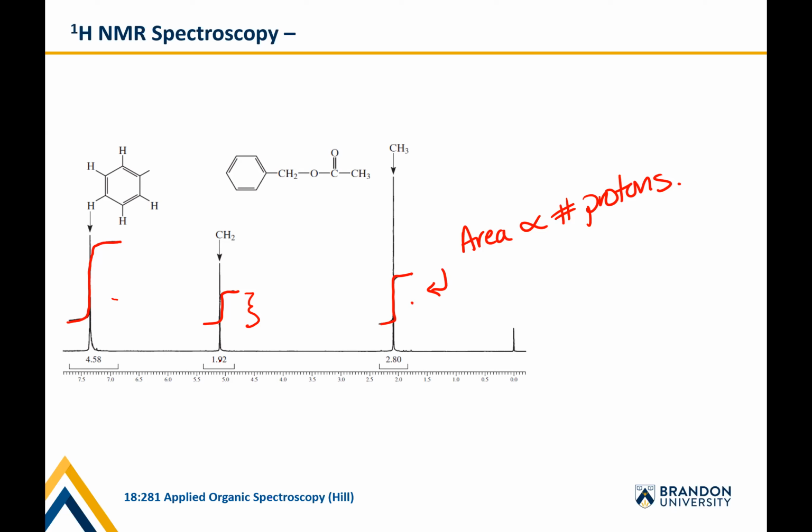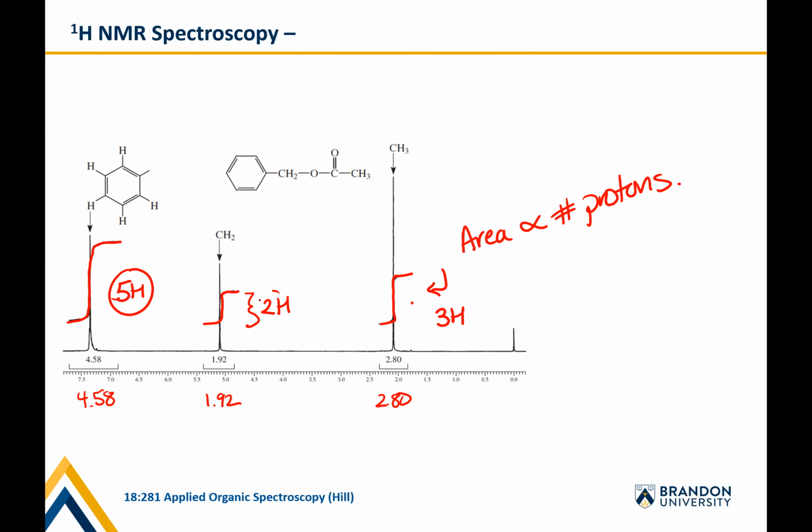In this case, the computer calculated this one as 1.92, this one's 2.28, and this one here is 4.56. If you convert this into whole numbers, this would equal 2H, this would equal approximately 3H, and this would equal 5H.